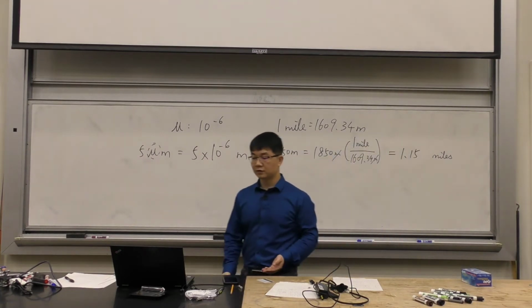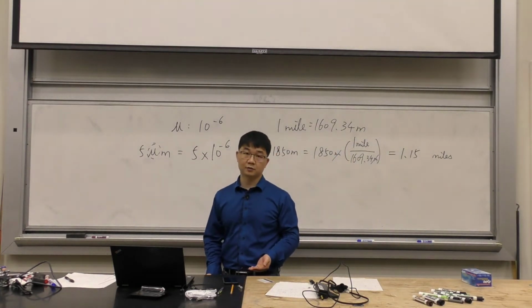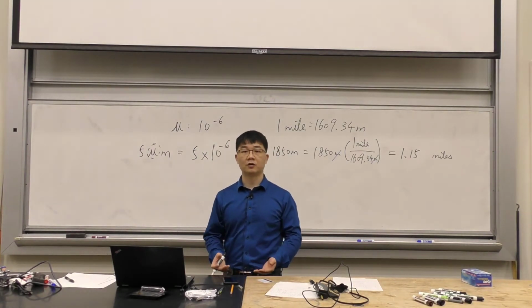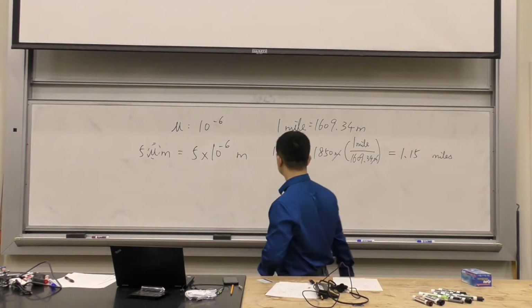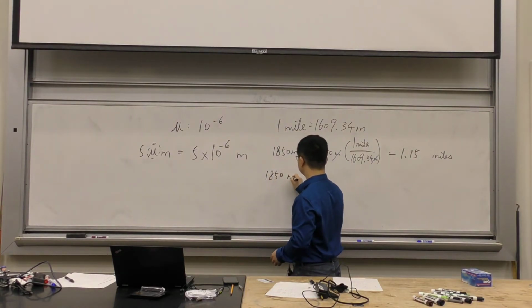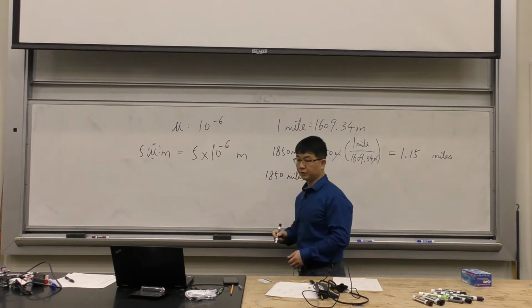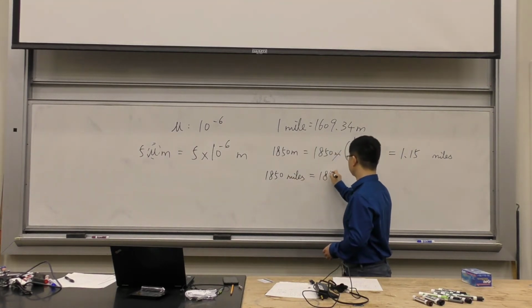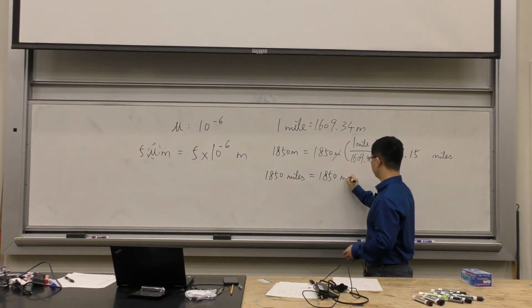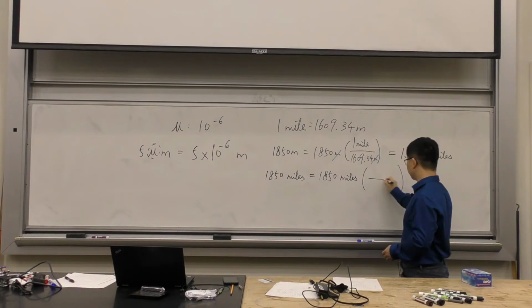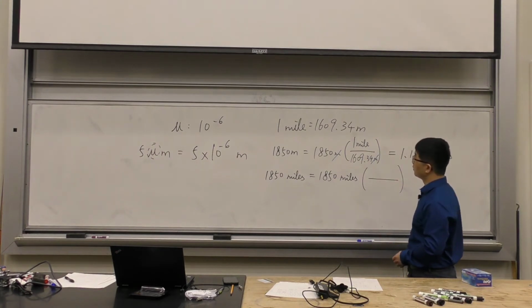As I said, if you have the conversion factor between these two units, you can go either way. You can go from miles to meters or meters to miles. So say I want to convert 1850 miles to meters. How do I do that? I'm going to still write this number and the units I'm given, write a fraction, and put them in the right places.